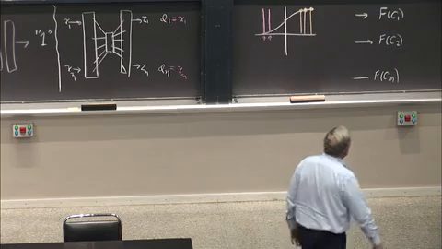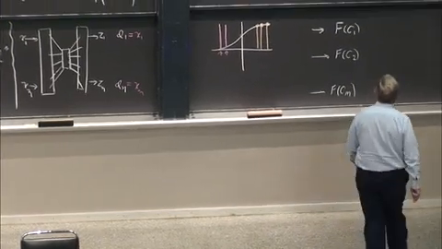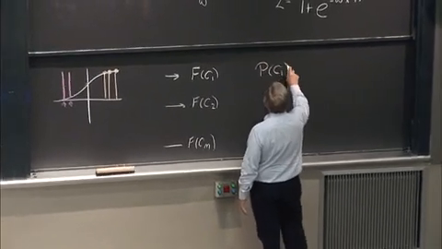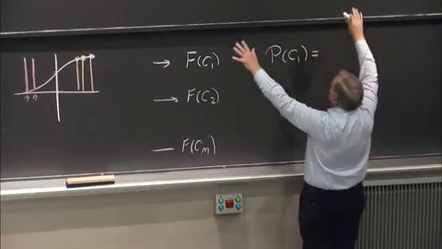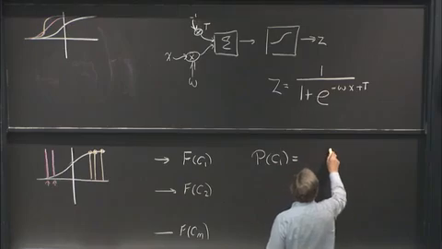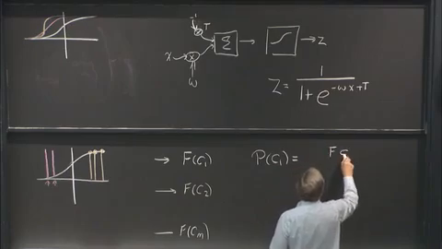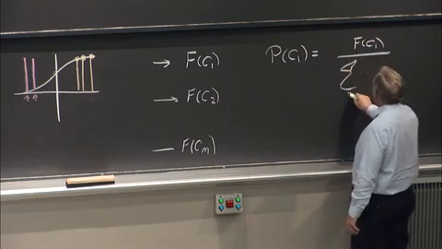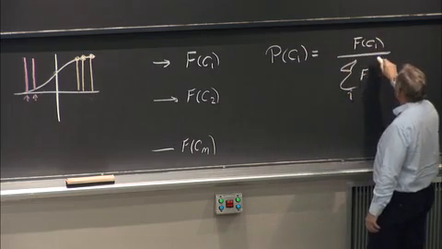So what we do is we say the actual probability of class 1 is equal to the output of that sigmoid function divided by the sum over all functions.